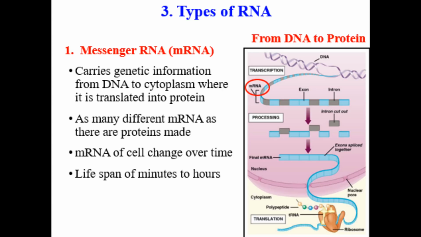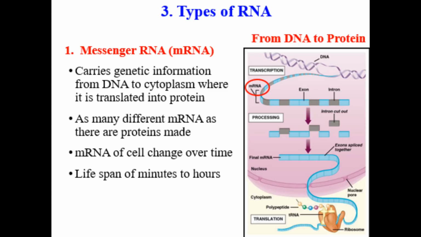These gray parts are spliced out based on what the cell is doing, the control of making that messenger RNA. Then you've got a final version of messenger RNA, that blue ribbon, that leaves the nucleus of the cell, goes out to the ribosomes, and it's got the information used to make a protein.